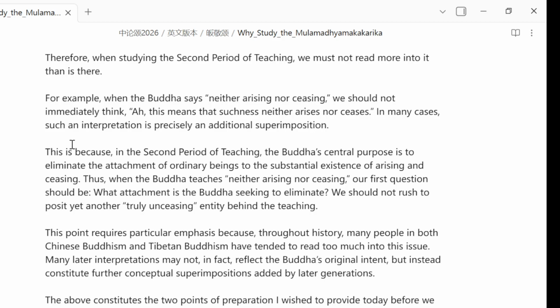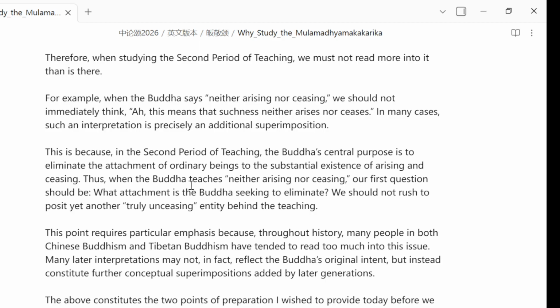In many cases, such an interpretation is precisely an additional superimposition. This is because in the second pillar of teaching, the Buddha's central purpose is to eliminate the attachment of ordinary beings to the substantial existences of arising and ceasing.